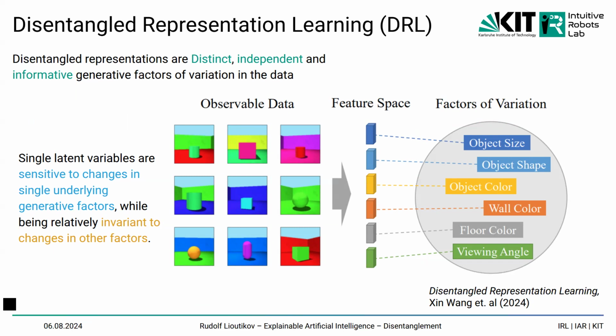And this does not mean that we inject this knowledge a priori, so that we say this is our latent space and we want to have this and that. Instead, we want to encourage the learning of the latent space to have these independent axes, with the assumption that these independent axes will be more interpretable than correlated axes.